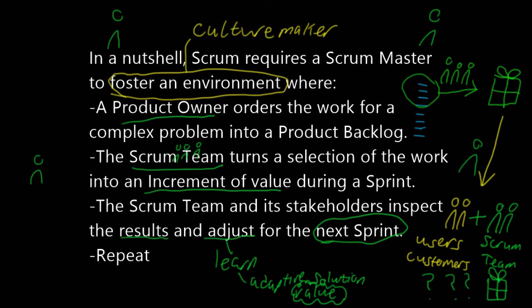We're shipping things, we're learning, we're inspecting, we're collaborating together so that we can work effectively, and a Scrum Master has the crucial role of fostering that environment, which makes it so important. They influence, but they don't have authority, and they encourage Scrum to be used to its maximum so that the Scrum team can be as effective as they can.